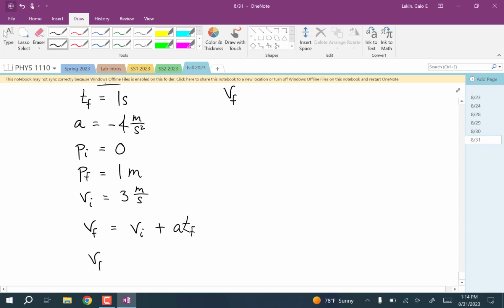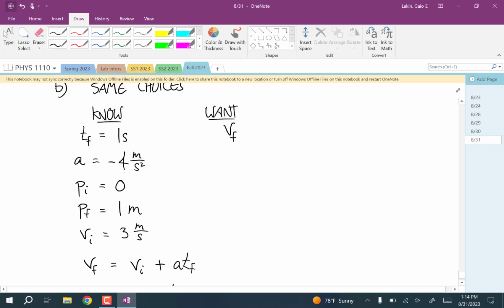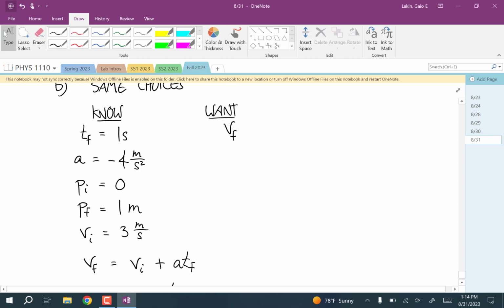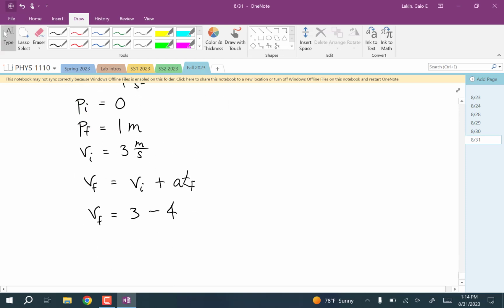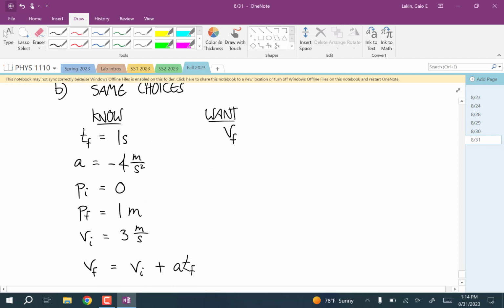So V final is equal to 3 minus 4. Oh, son of a. That's what I get for trying to change this problem on the fly. It never happens. It makes time go backwards. Okay, stupid.